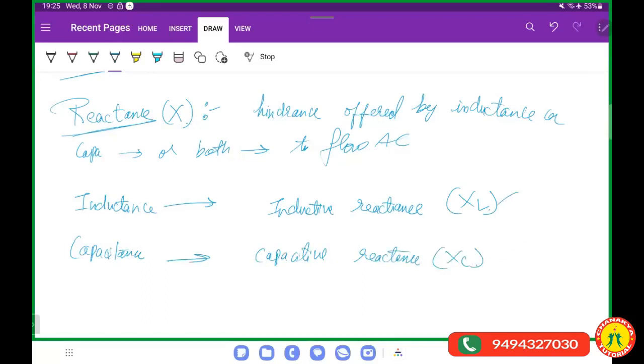Now both of these units are ohm, but the inductance unit is Henry, and this is Farad. See, remember units, it is very important.